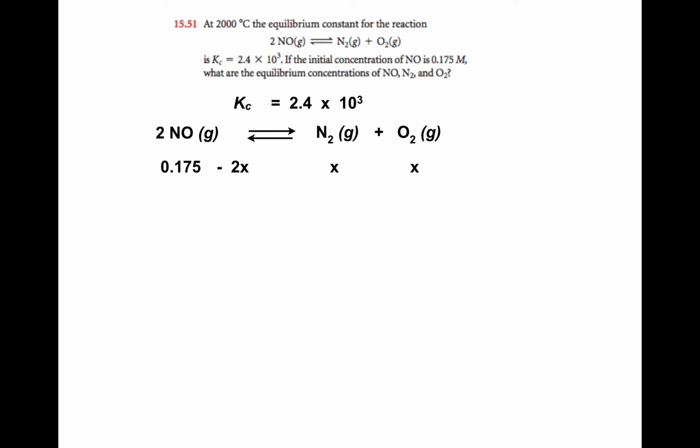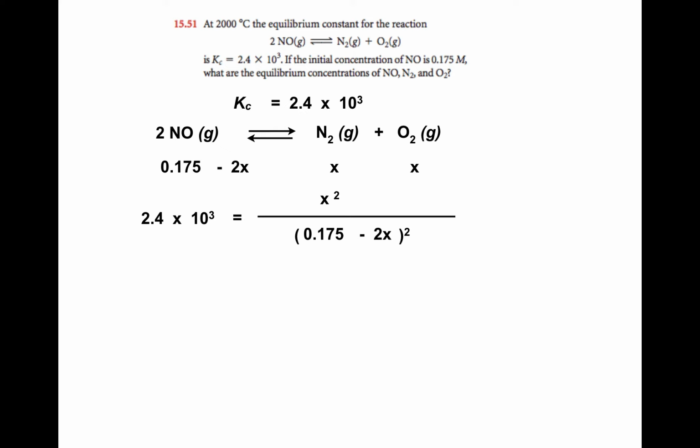So these are my equilibrium concentrations. I take these concentrations and plug them in the law of mass action. So x times x is x squared, divided by the initial concentration of nitrogen monoxide subtracting 2x, raised to the second power. And I solve for x.